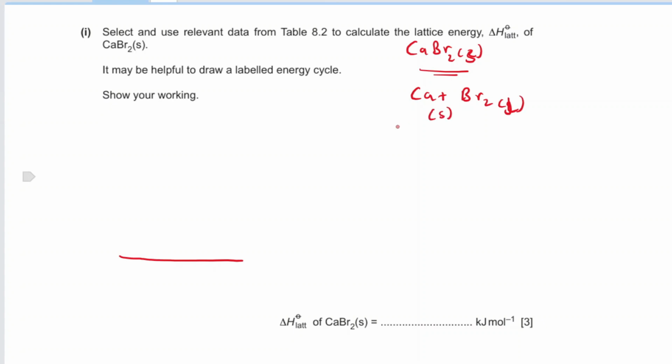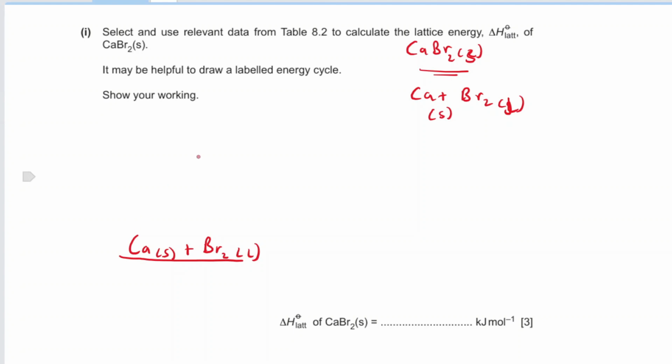Calcium solid plus bromine. Now, the first thing here that we'll keep is the reactants of where it's made from. Usually in Born-Haber cycles, we start with the elements which make up this thing. So calcium bromide, so this is Ca solid plus Br2 liquid, because bromine is liquid under standard conditions. So this will be our thing over here down, right?